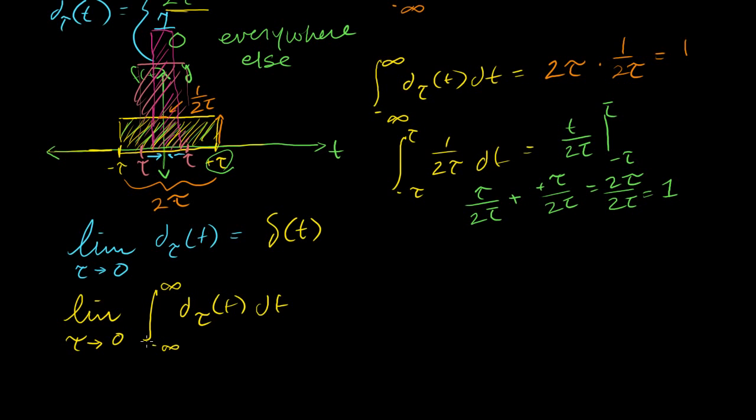I'm not being very rigorous, but I think you can understand the intuition. So by the same intuitive argument, the integral from minus infinity to infinity of our Dirac delta function of t dt is also going to be 1.